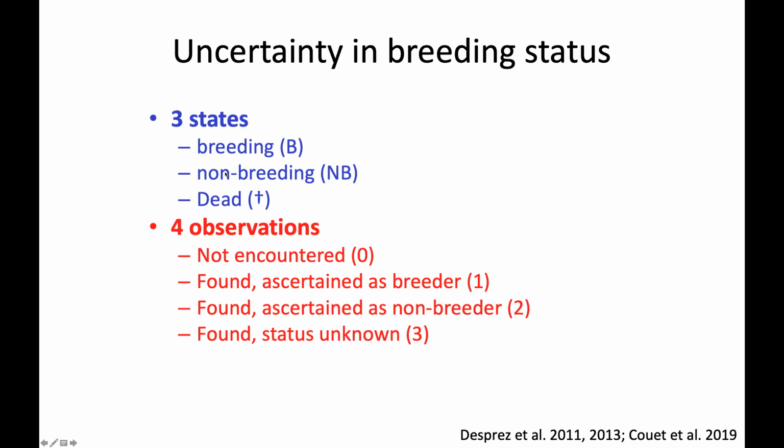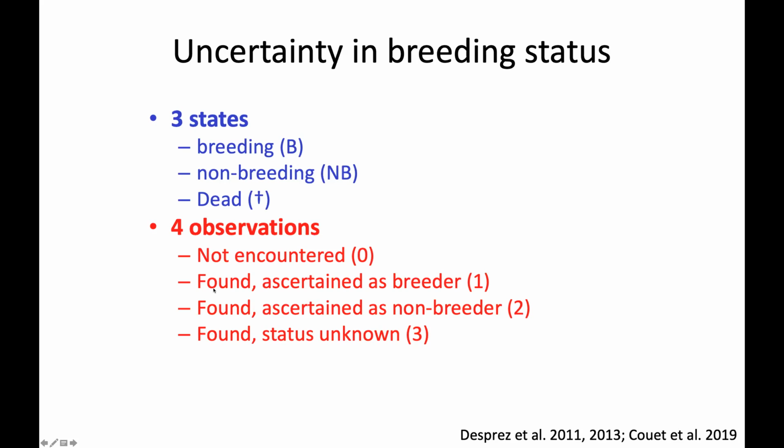So you have 3 states you're interested in. Okay, so it's the data you wish you had. Again, breeding, non-breeding, and dead, right? But on the field, you can only observe 4 things. You don't have access to the truth, especially when you're not found, when you're not encountered. So you're going to code that 0, but we're going to code it 4 later on, but let's say it's non-detected for 0.